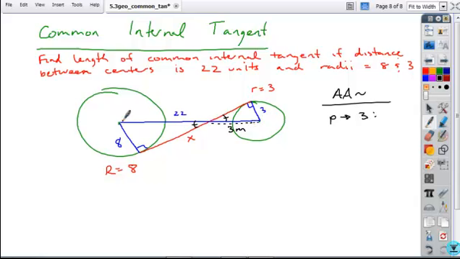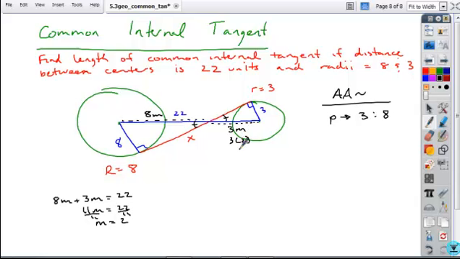Whereas this portion of that 22, that distance between the centers, is a ratio of 8. So it's 8 times that common multiplier. So what you could say here is that 8m plus 3m has to equal 22. If 11m is equal to 22, what does m have to be? Divide both sides by 11. You get 2.